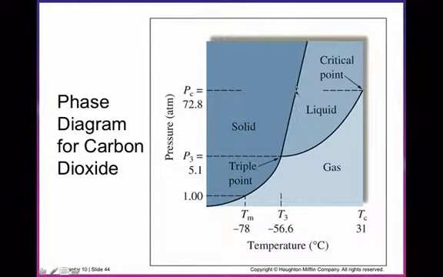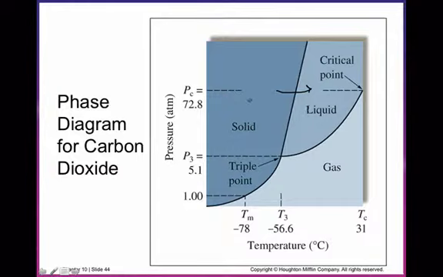So if I picked a point right here, I would see both solid and liquid at the same time. You also can predict what you would see if you were to hold the pressure at 72.8 atmospheres and just increase the temperature, you could predict the phase change that you would see.